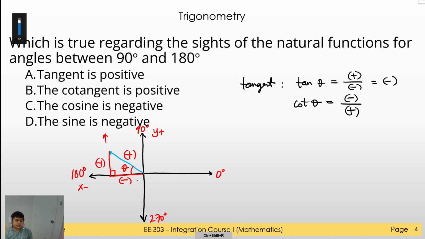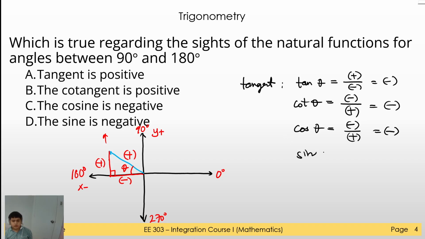And then for cosine, we have the adjacent, which is negative, and then the hypotenuse, so negative over positive. So this is negative. And then lastly, the sine, which is opposite over hypotenuse, so positive over positive. So this will be positive.